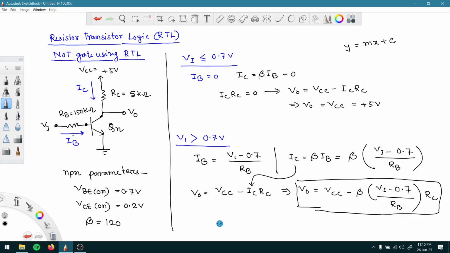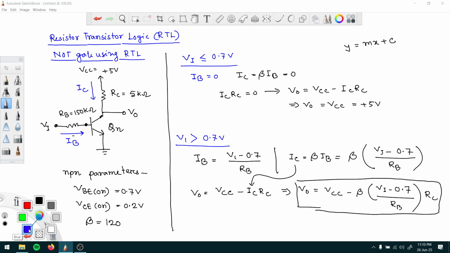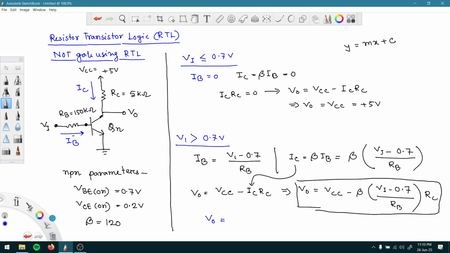So V0 equals VCC minus beta RC Vi divided by Rb, and also plus beta RC into 0.7 again divided by Rb. So this is the thing we are getting.